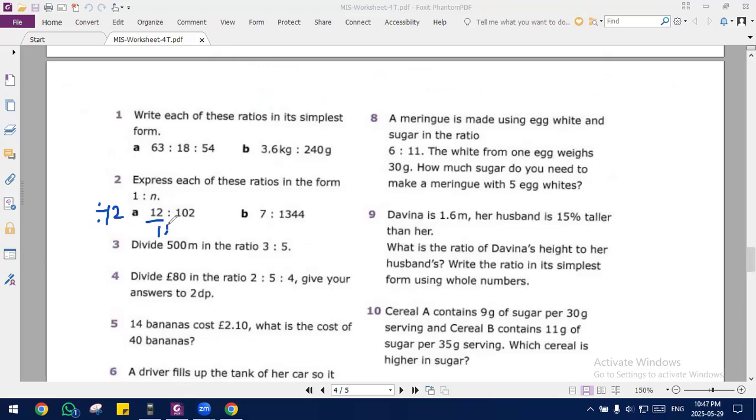Now, this is the problem. 102 divided by 12. It's 8.5. In the exam, the numbers will be easier, as I said. The next one, what do I have to do? I also should divide by 7. So it will be 1, and then there's something.